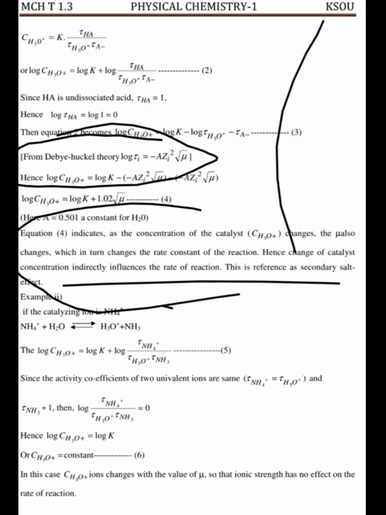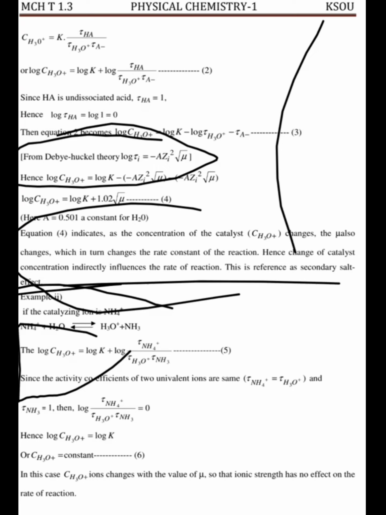So here also we have taken a few examples to understand that theory. Here we have taken ammonium plus water gives hydronium plus ammonia. So we are going to calculate the rate constant for the reaction, denoted as the catalysis of the hydronium ion.